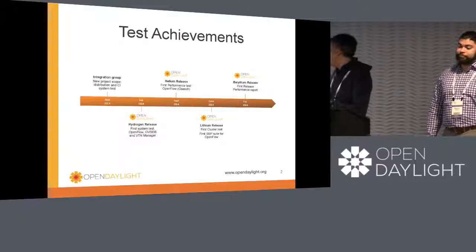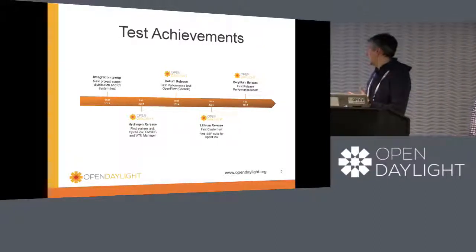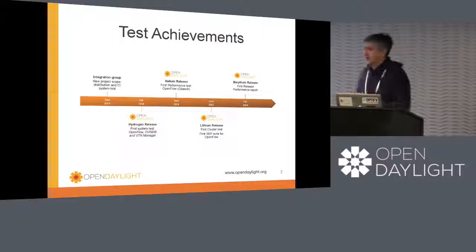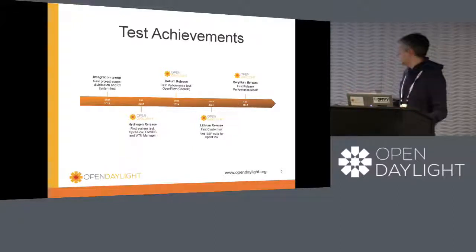At that time, we did it only for OpenFlow. So we took the OpenFlow plugin, and then did a scalability test, a performance test all the way we know, and some stability tests as well. So we did all that for OpenFlow. And then the Lithium release was also the first time we saw a cluster test in OpenDaylight. A very simple cluster test, only for data replication, but we got that in the Lithium release.